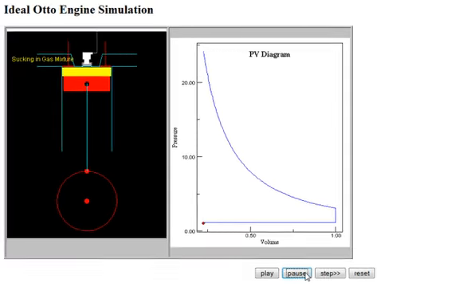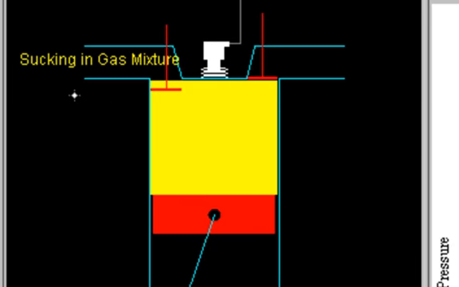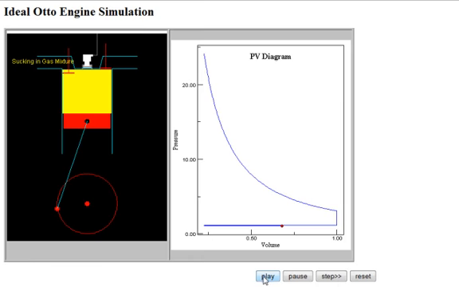So that's the exhaust stroke, and you can see that this red dot is moving to the left as it exhausts. Now what happens is that once the exhaust is gone, the intake valve, which is on the left side here, opens, and I get some gasoline or diesel fuel mixed with air that is being pulled into the cylinder. And as it is being pulled into the cylinder, then the volume increases. That happens isobarically at atmospheric pressure.